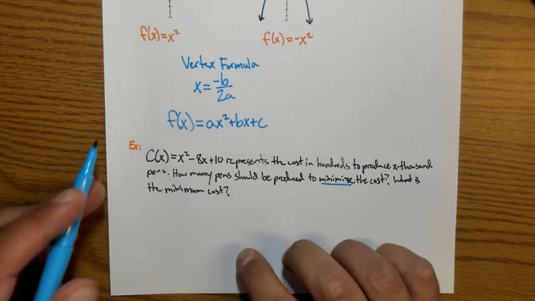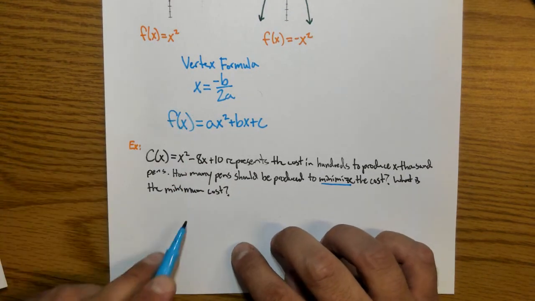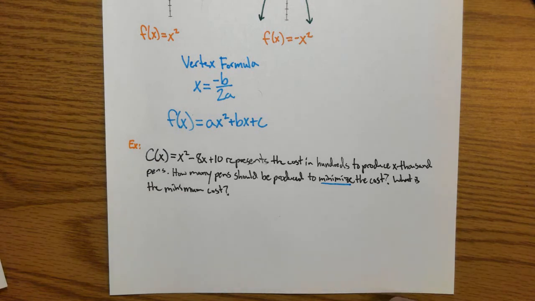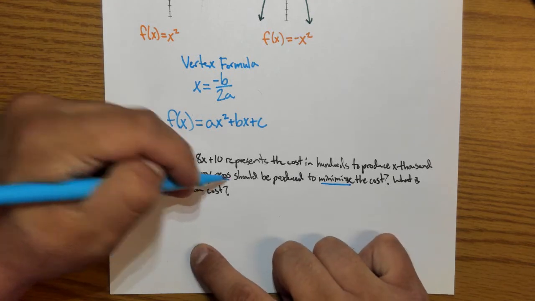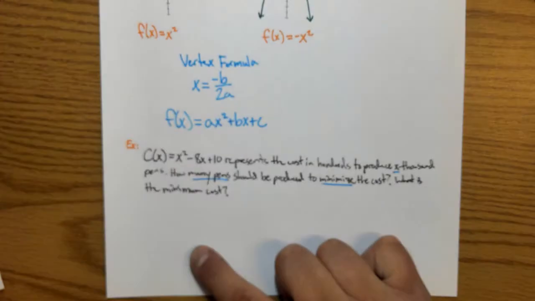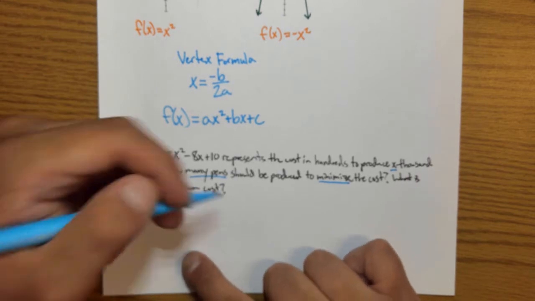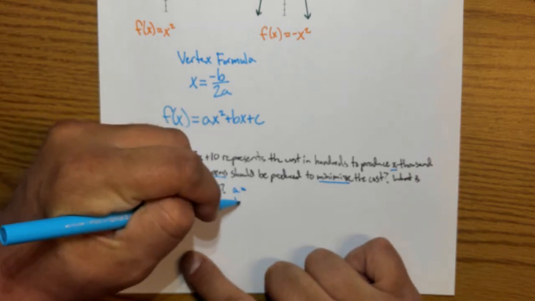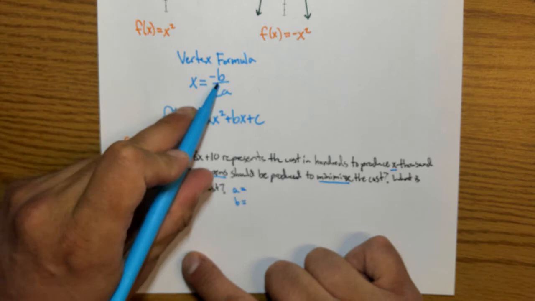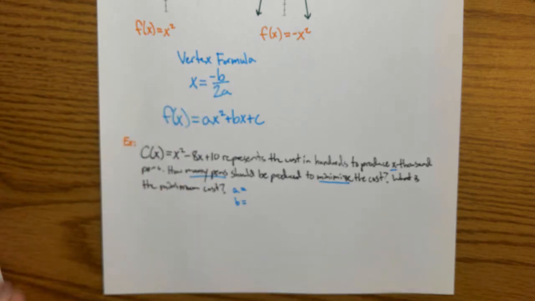So in order to do so, I'm going to use the vertex formula to find out where that x value is. Or I'm going to use the vertex formula to find out how many pens, because pens are x, should be produced to minimize the cost. So let's see, my a and b. You don't have to write it out always, but we need to find our a and b.